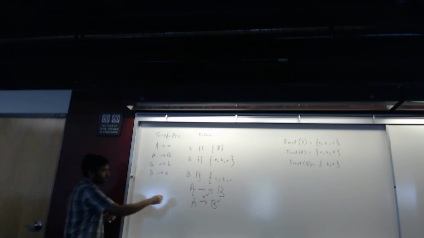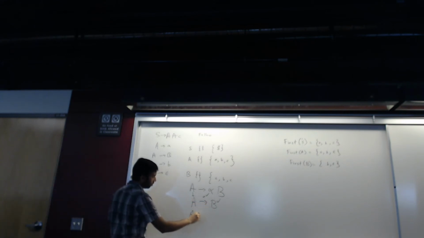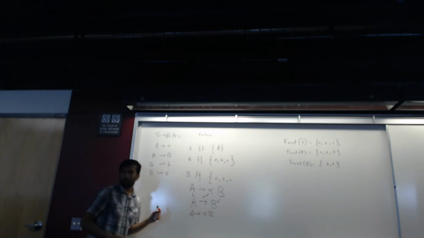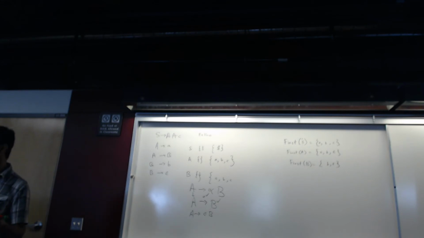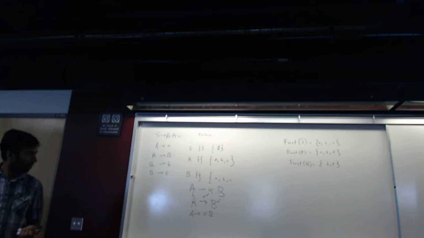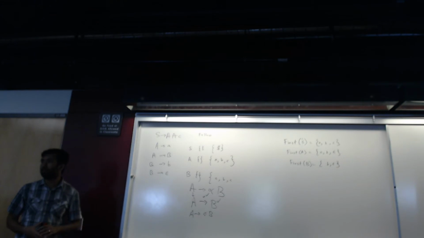So we can rewrite this rule as A goes to epsilon B, right? And we know that concatenating epsilon with anything else keeps it the same. So that's how we apply the rule.